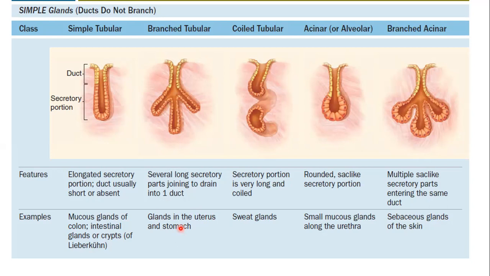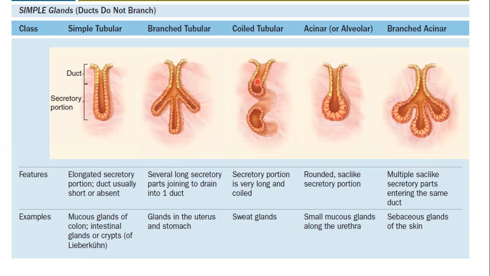The uterus secretes fluid, and the stomach secretes gastric juice from these glands. So these cells here in brown are the cells producing gastric juice in the stomach and fluid in the uterus, which we see as vaginal fluid, because the vagina itself does not have glands.